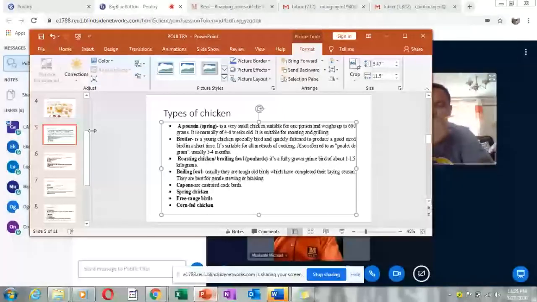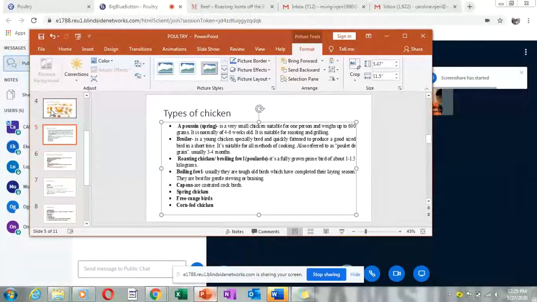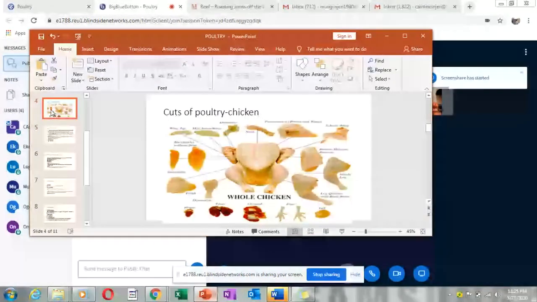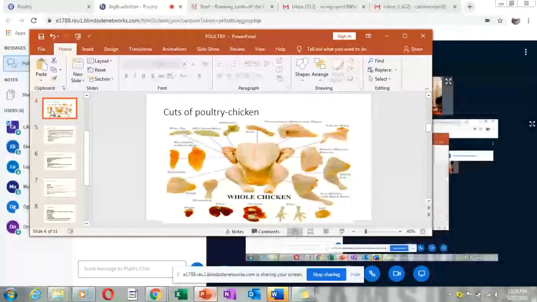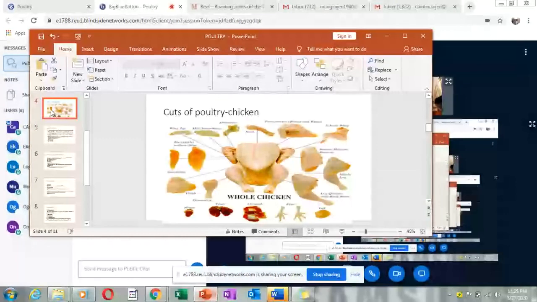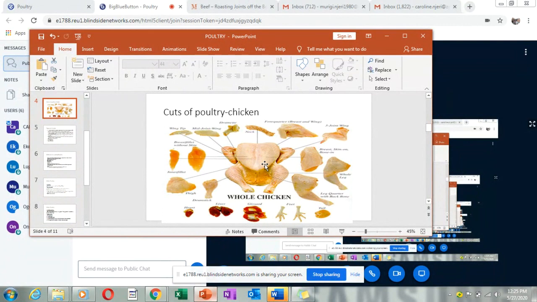Okay, so I want to show you this. Can you see it? It shows us the cuts of poultry or chicken, and there you can see the breast where my cursor is. The breast can be cut into one whole or into halves, like unaipasua katikati all the way mpaka down.